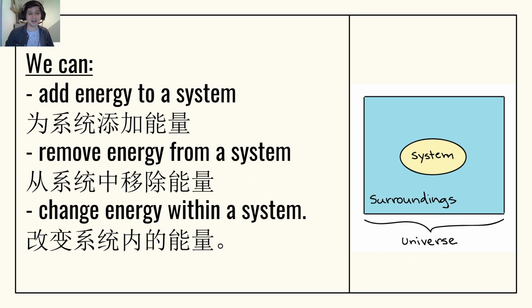So it's transferring that energy from one system to another. We're adding it to the pot, but we're removing it from the electrical system. So that is an important distinction.